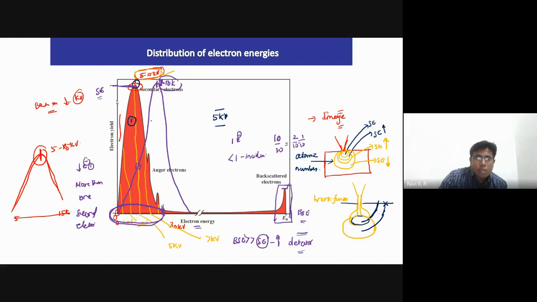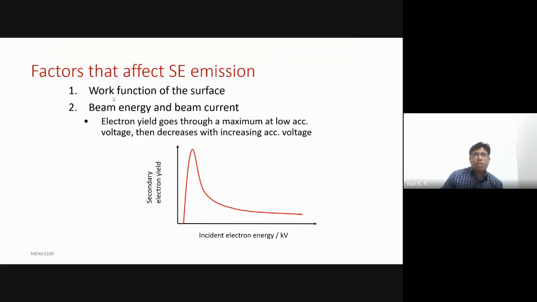Okay, let me go to the next part: the factors that affect secondary electron emission. We already discussed the work function of the surface. As I said, say you have a material with a work function of 3 eV, and another one with 10 eV, not keV.